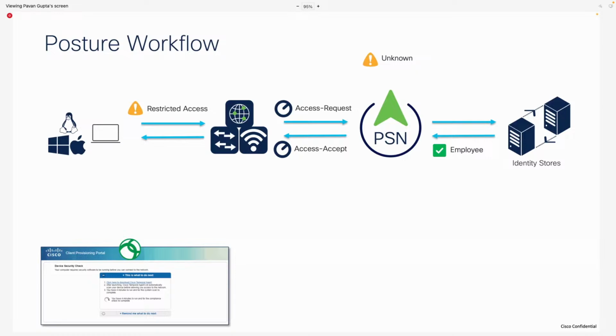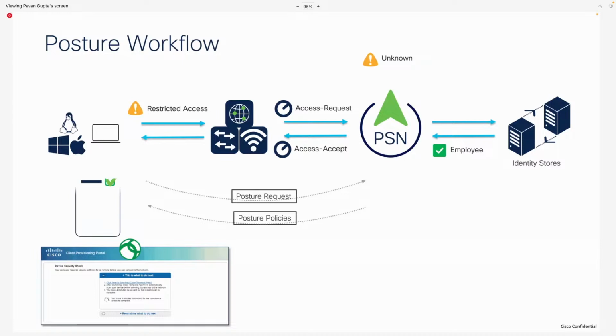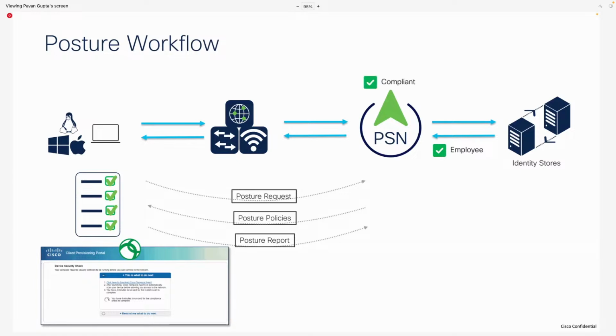This temporal agent is nothing but an executable file on a Windows or a Mac operating system. And this executable file automatically discovers the PSN, retrieves the posture policies, evaluates them, and sends the report back to the ISE in order to get compliant or non-compliant access accordingly.